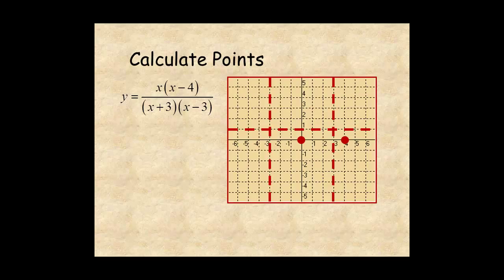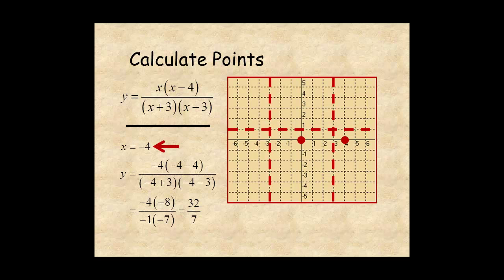Next, calculate at least one point on either side of both VAs. Starting at the left, for x equal negative 4, y equals 32 over 7, and there's a point approximately at (negative 4, 4.6).